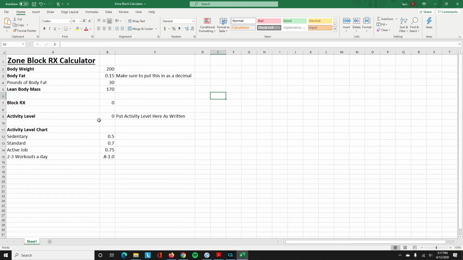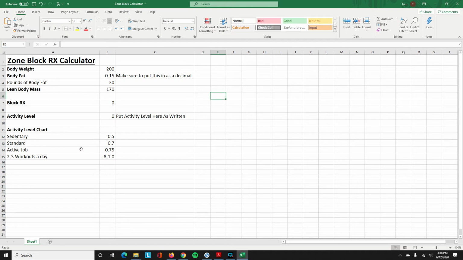Now our activity level. Down here we've got our activity level chart. Sedentary means you just sit at a desk, don't really do anything. You do a 0.5. If you're just a standard, maybe work out a couple days a week, maybe do some CrossFit style interval training, high intensity interval training, something like that, you could do a 0.7.